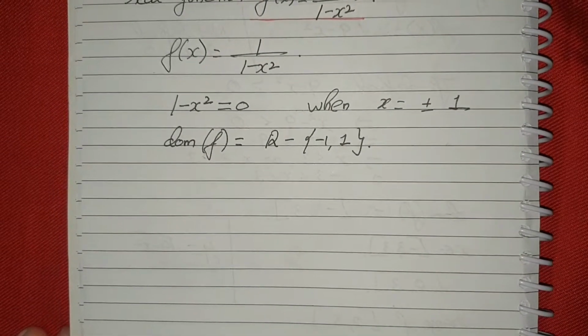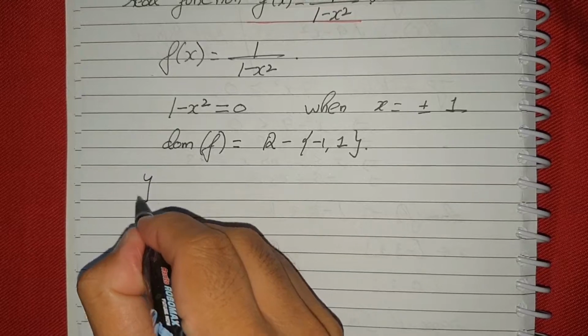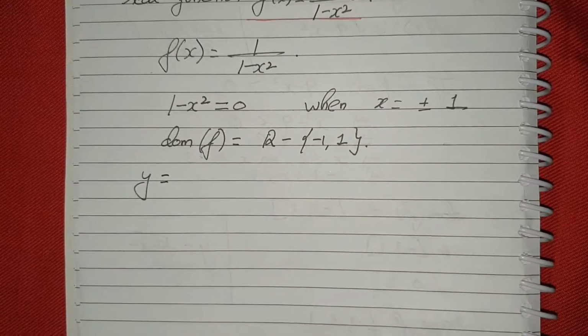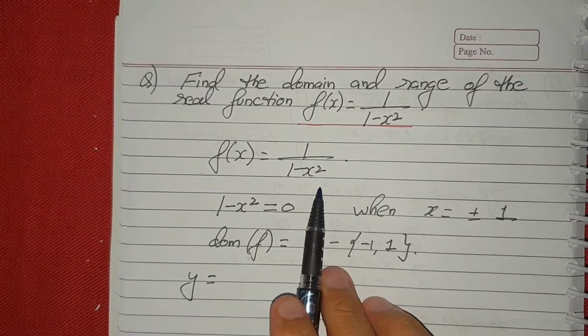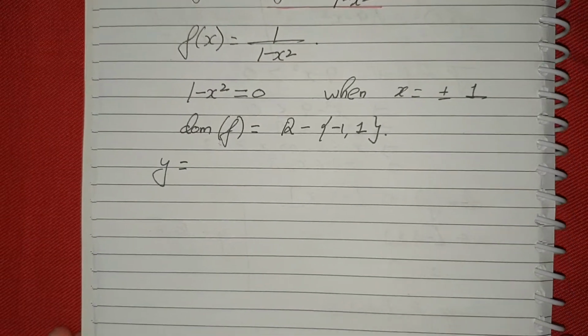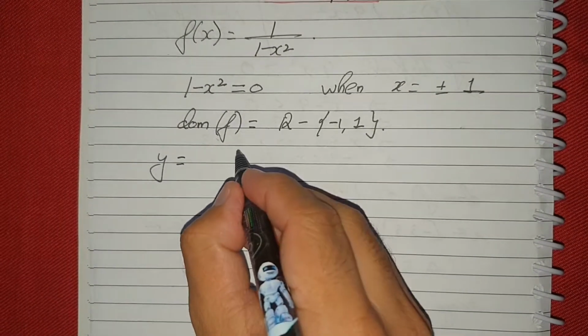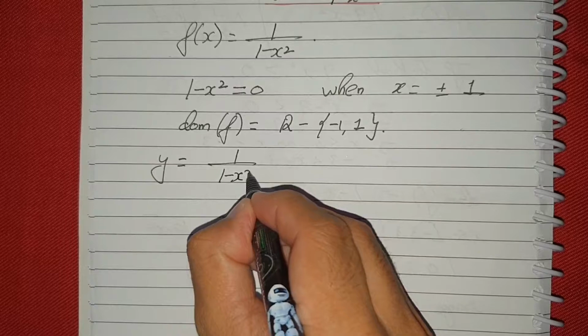Now for the range, what is y? y is basically 1 upon 1 minus x square.